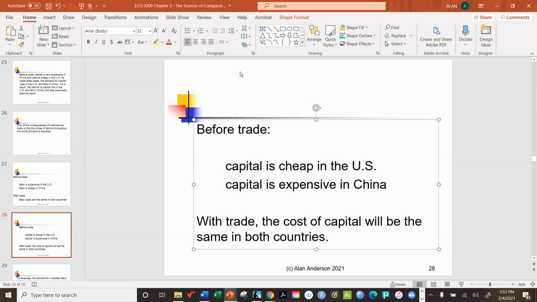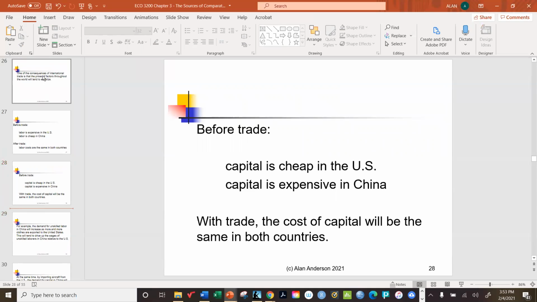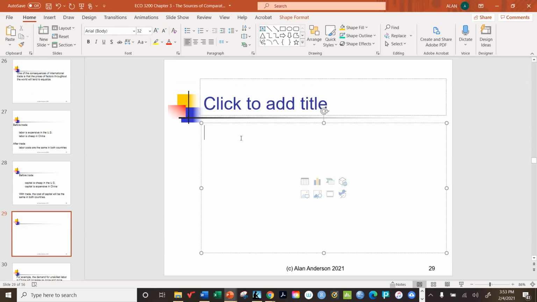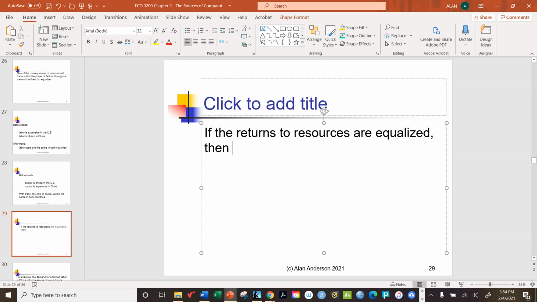Now, if this does actually happen, if the returns to resources are equalized, then no further expansion of trade would take place.